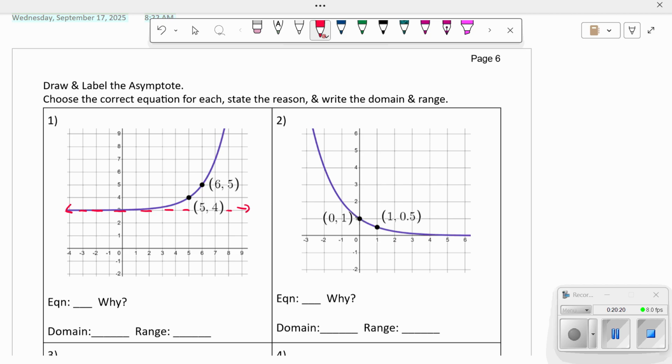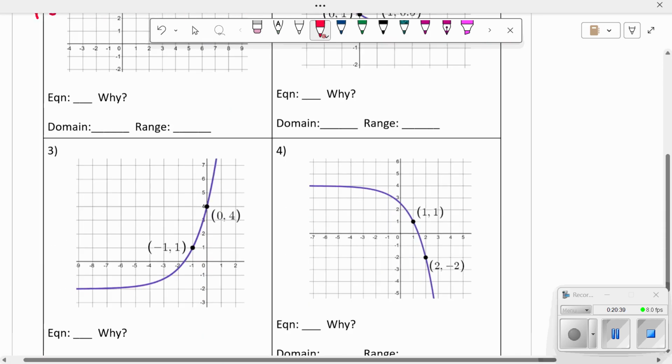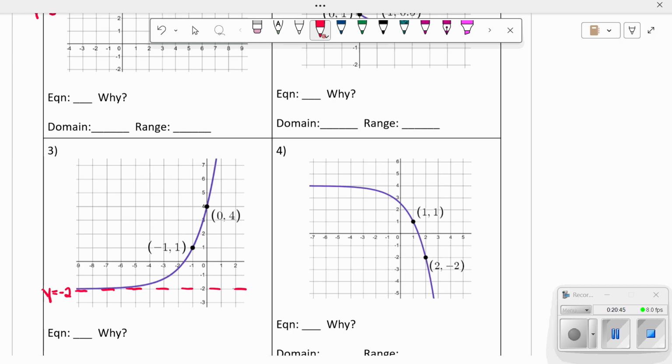So my asymptote is going to be at y equals 3. I'm just going to go ahead and label all of my asymptotes. This one is at y equals 0. All I'm looking for is where the graph gets flat and never crosses. y equals -2.